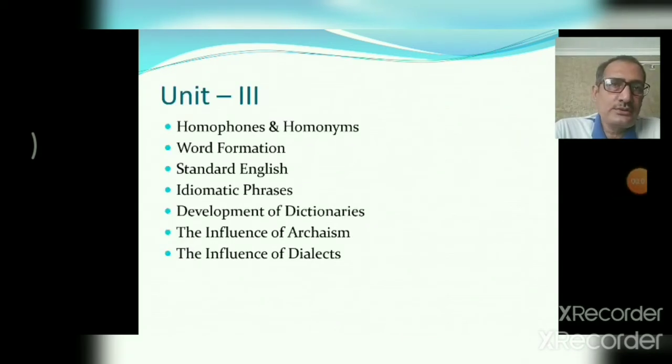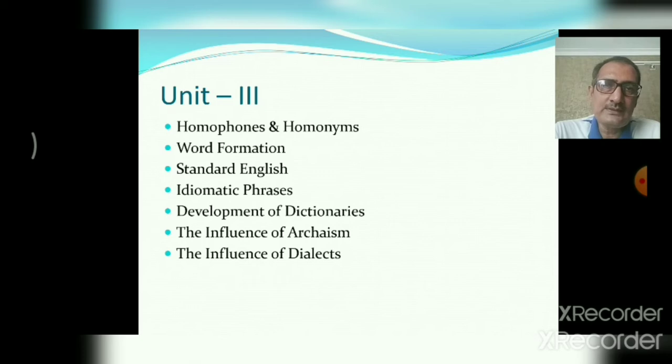After introduction of Unit 2, we move on to the introduction of Unit 3, which is about certain short notes related to English language. These short notes deal with areas like vocabulary, grammar, idioms, dictionaries, etc. So let's talk about them.